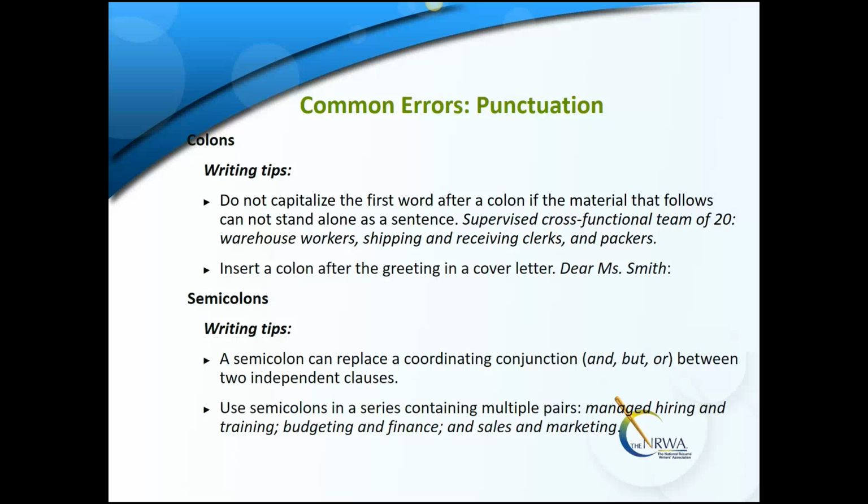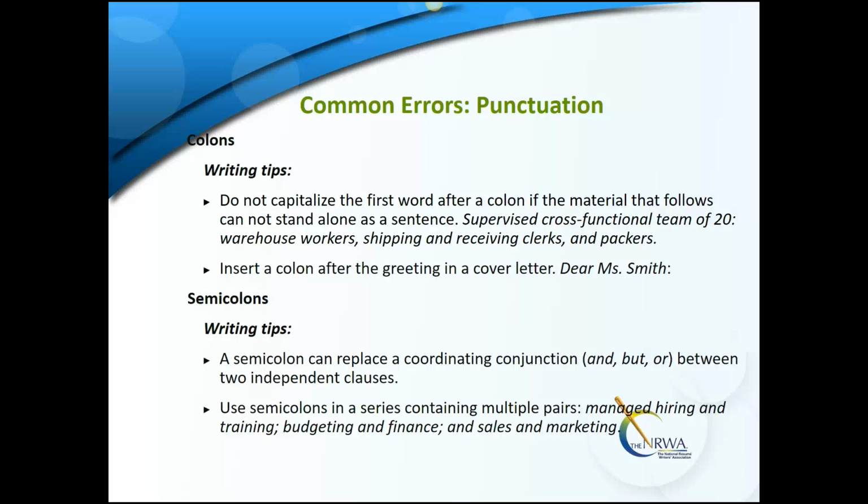Semicolons take the place of conjunctions: "and," "but," "or." So a lot of times you can tighten up your writing by connecting two independent thoughts with a semicolon. And the other place you use semicolons is when you have pairs of information that are all in a complete sentence. The example here: you've got managed hiring and training.